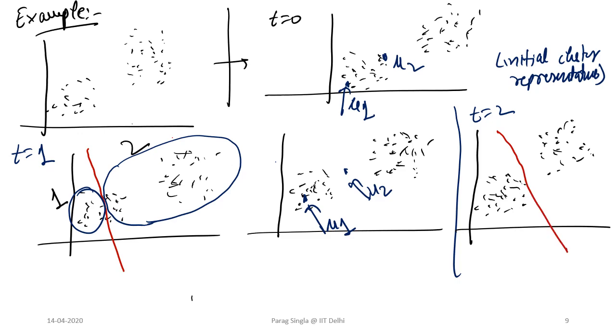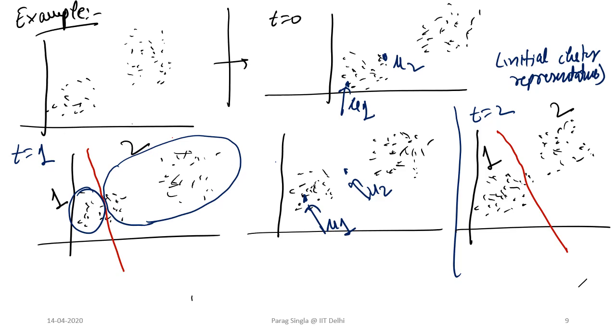Maybe there are a few points remaining which are in the wrong cluster, but mostly this is cluster 1 and this is cluster 2, and this is again based on bisecting the line between mu1 and mu2. So cluster 1 now has the points which are closest to the new mu1, and cluster 2 has points which are closest to the new mu2.